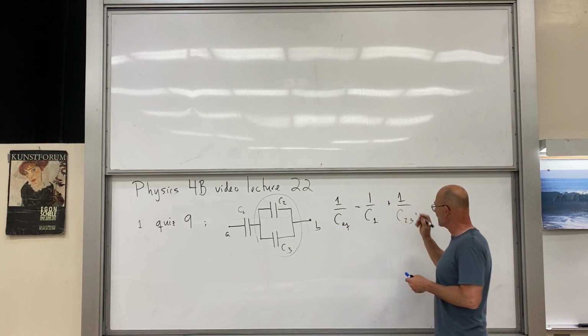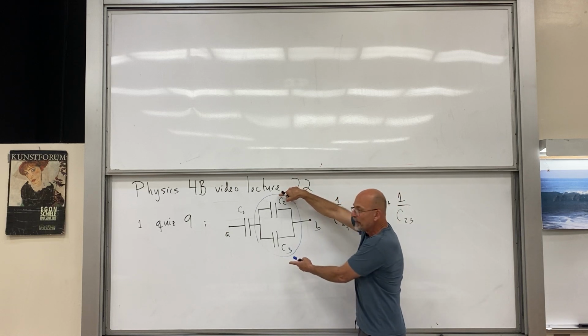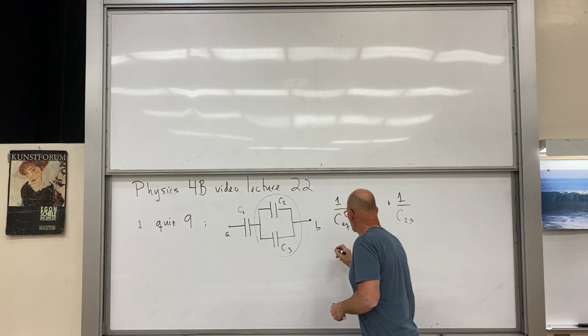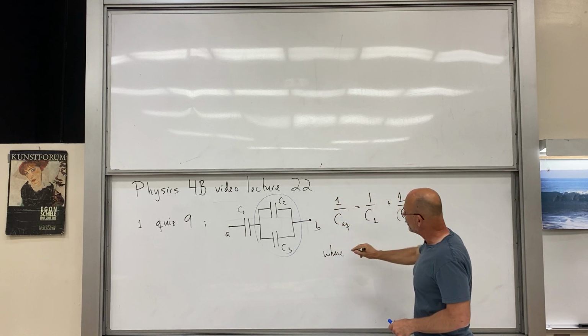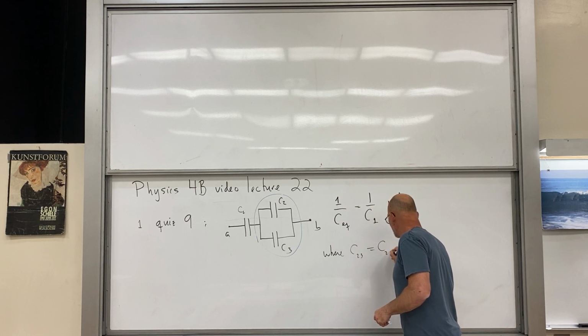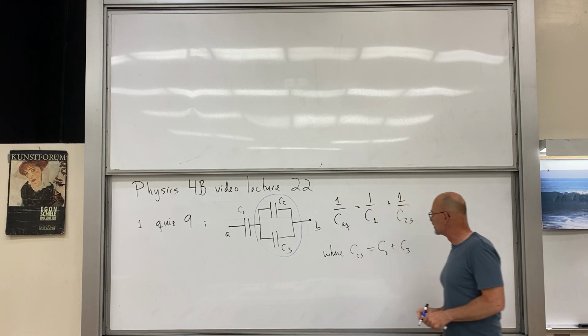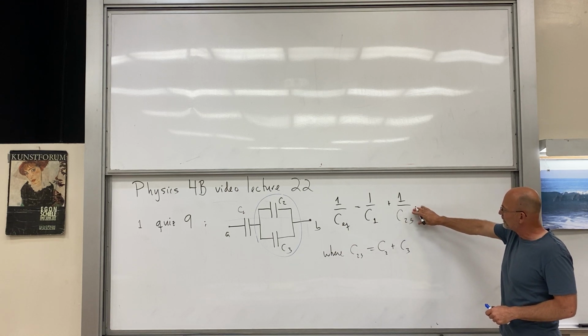C sub 2, 3. Now, these two capacitors are in parallel, so this equation holds where C sub 2, 3 is the sum of these two. So we would plug that in right there.